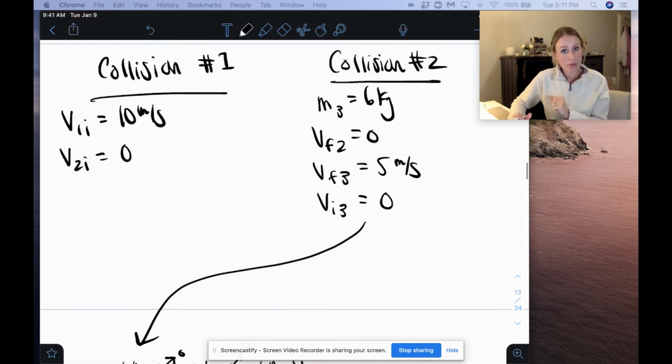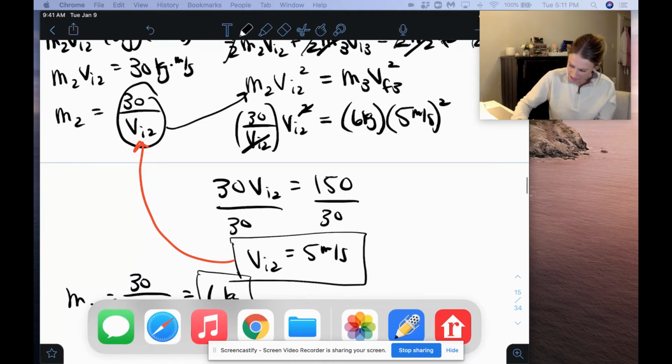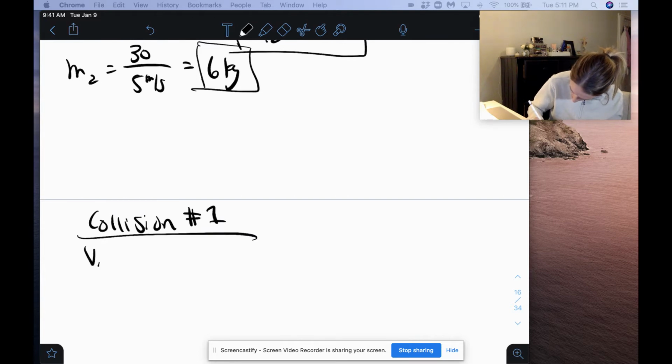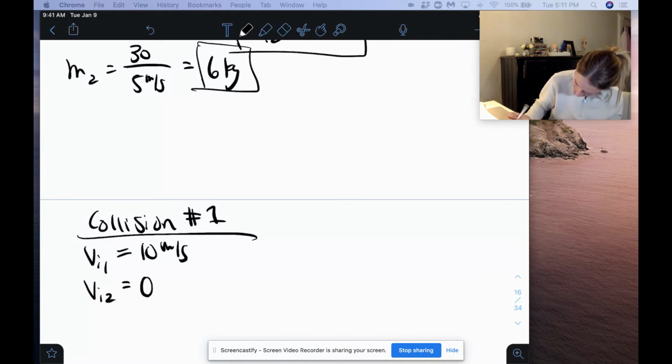So now we're going to apply these things to collision number 1. So I already know from collision number 1, and I'm going to write it back down below here, that the initial velocity of block 1 is 10 meters per second. I also know that the initial velocity of block 2 is 0.